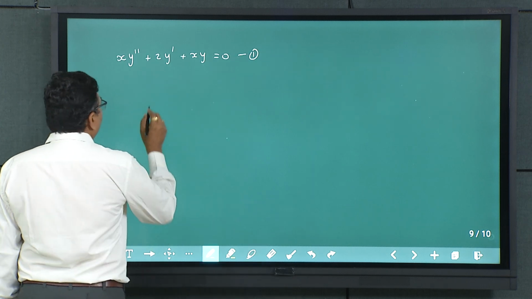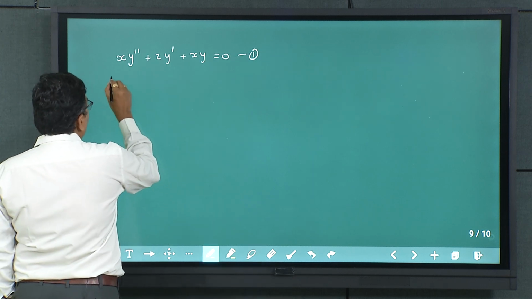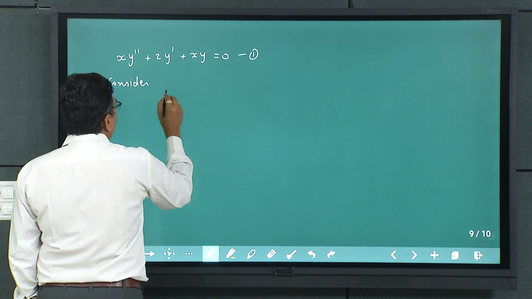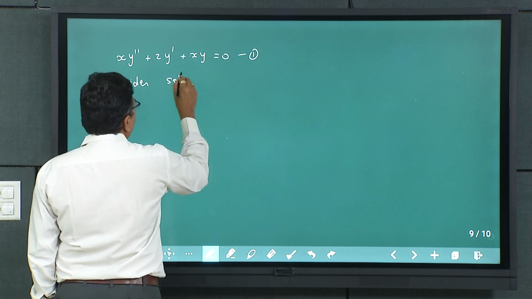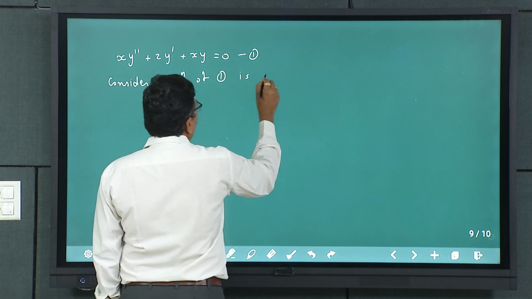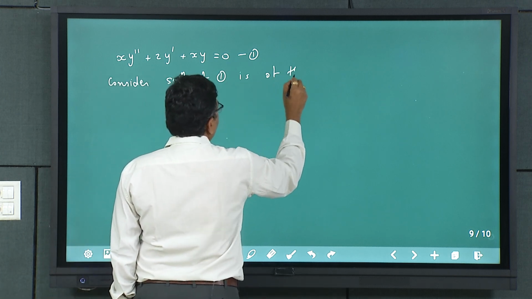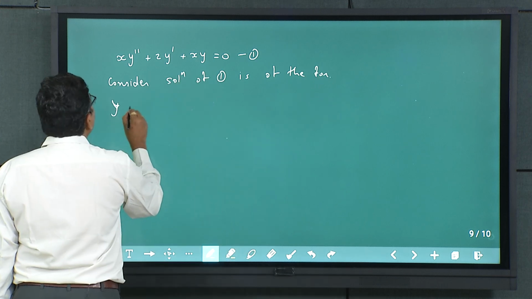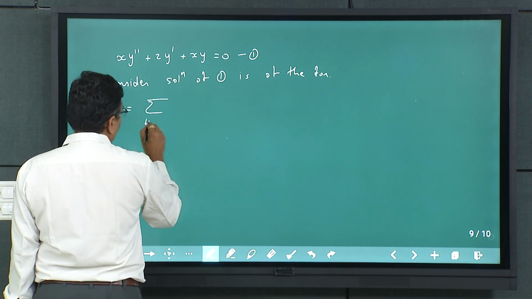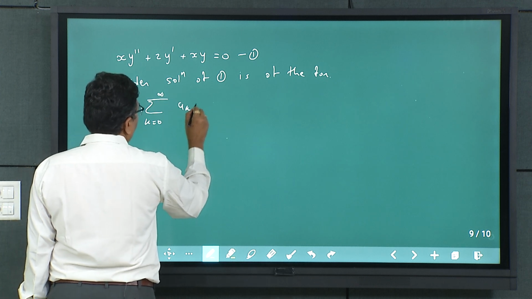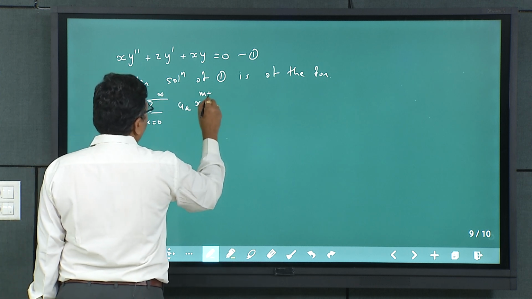Now, x is equal to 0 is a regular singular point. So consider the solution of 1 is of the form y is equal to sigma k is equal to 0 to infinity a k x raised to power m plus k.